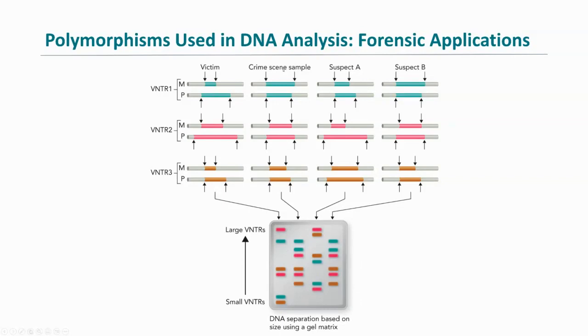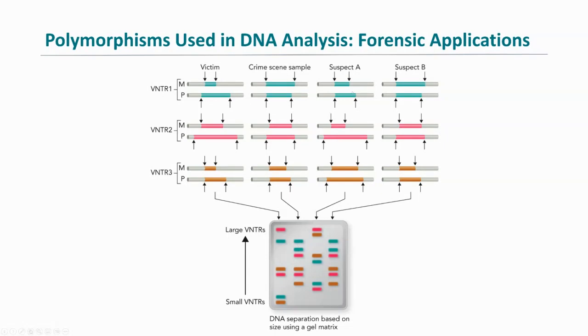And now if you have the crime scene sample with these different patterns, you can observe this. Let's say, for example, VNTR1, the green one. You have a short one and a long one, and the crime scene sample is long and long, right? The victim is long and short, and these both are long, and the other one is even longer.